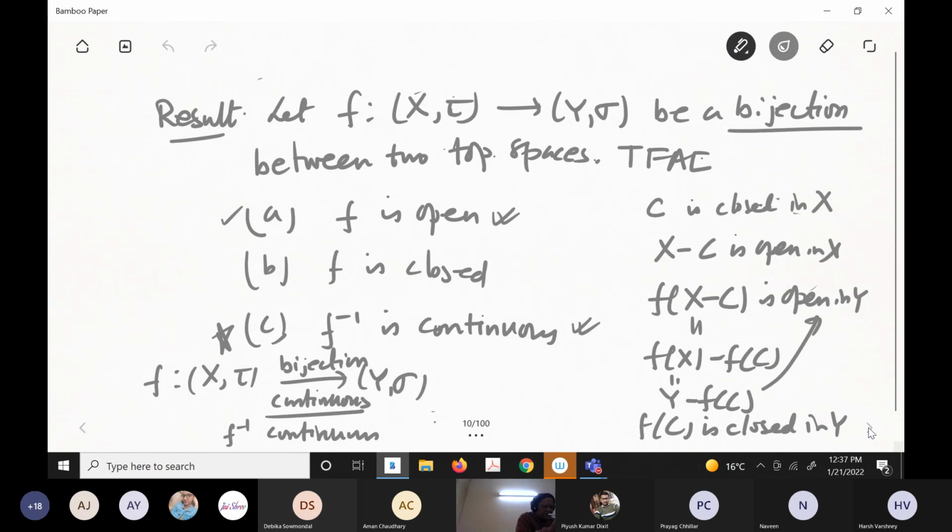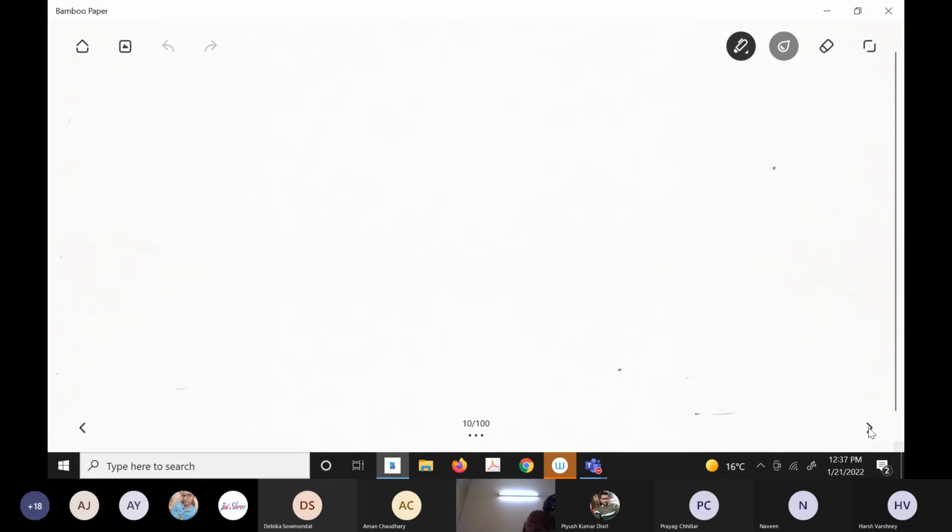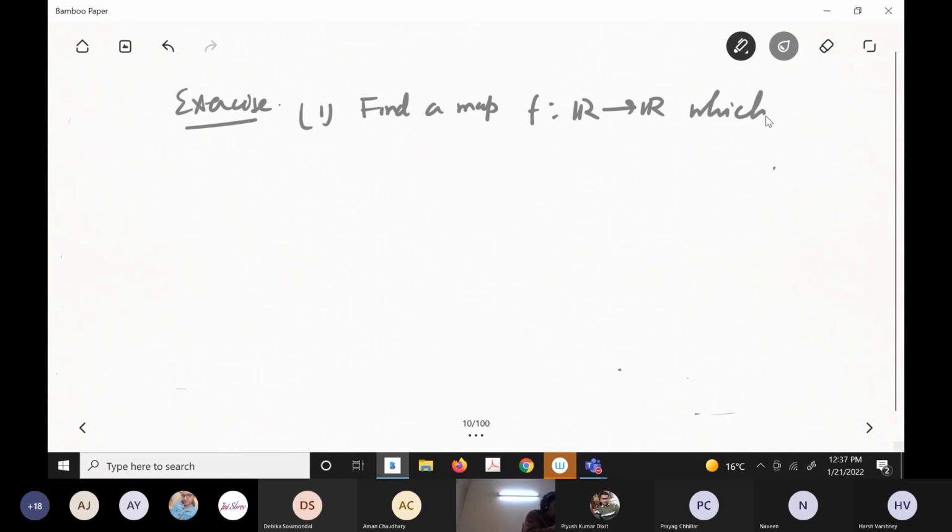So I am giving an exercise. What exercise am I giving? First, find a map f from R2 to R, or you can take an interval if you want, I won't mind, which is continuous but not open.